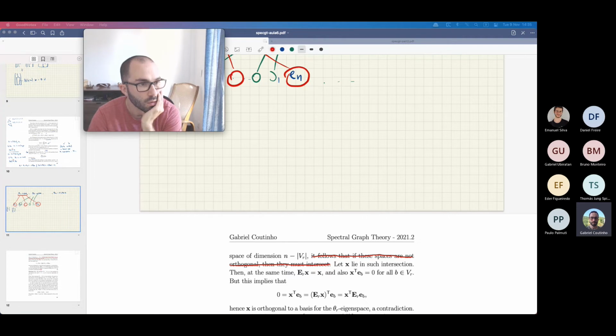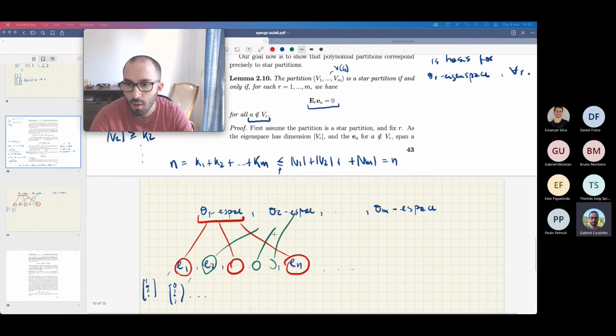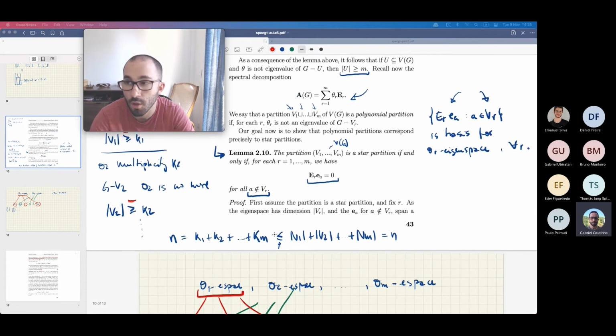The intersection is 0, so that's actually what I wanted to show, not that they are orthogonal. Okay, guys, there's clearly something wrong here.